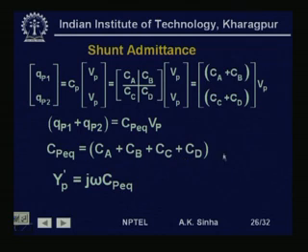This is a 3 by 3 matrix, and therefore, we can get the shunt admittance for this double circuit line in terms of a 3 phase system, which will give us a 3 by 3 matrix for phase A, phase B and phase C, which includes the mutual effect between the two circuits. So, we will get Yp dash is equal to j omega Cp equivalent.